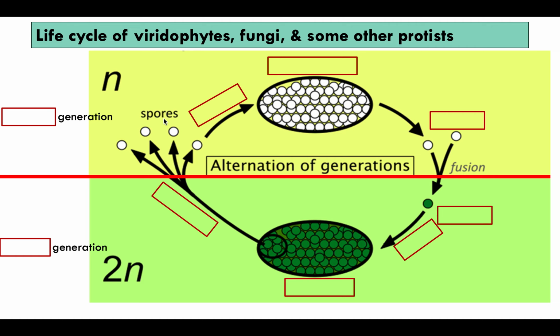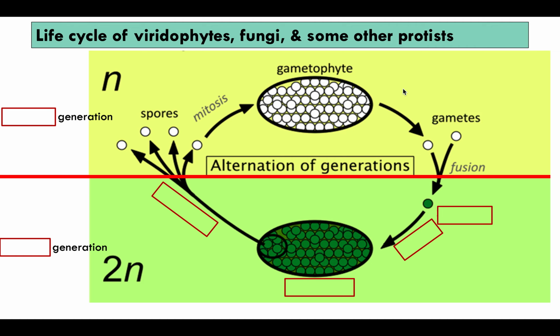But remember, spores go through mitosis in order to grow larger into a gametophyte. That gametophyte always produces gametes, right? Examples of gametes would be sperm and egg cells. They're going to fuse together and then create a zygote. Notice how we're starting with the haploid generation above, and we go into a diploid generation here.